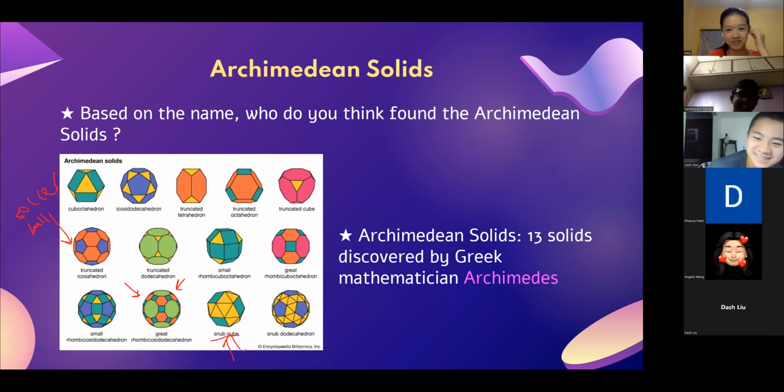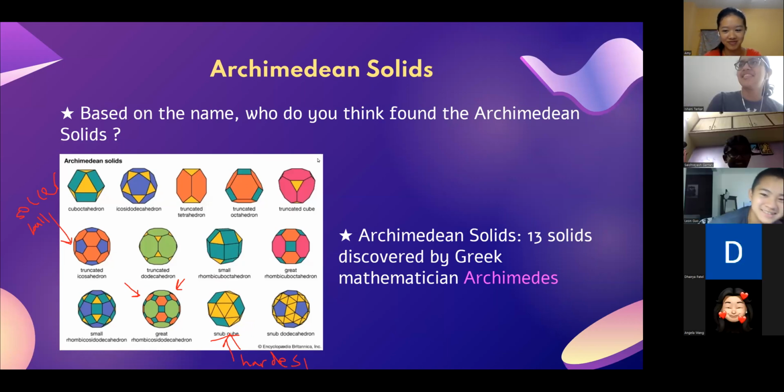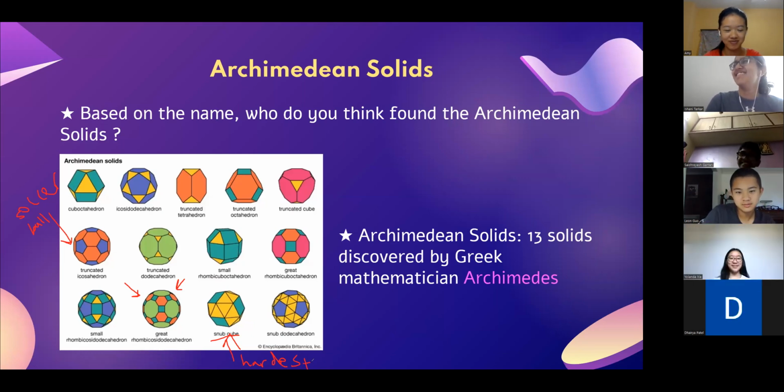Bro, whoever made the snub cube was just like, hey, I don't like these big names, I'm just gonna make this random snub cube name. They put in all the effort in the first few and then gave up.